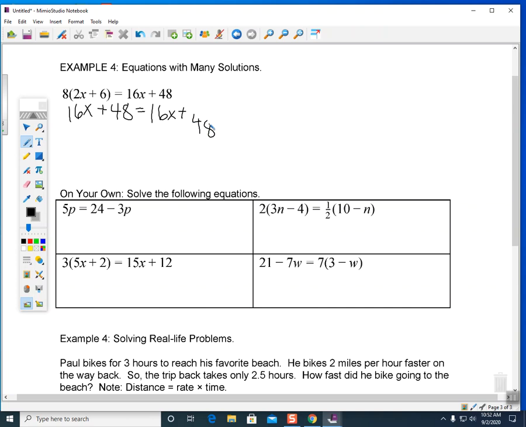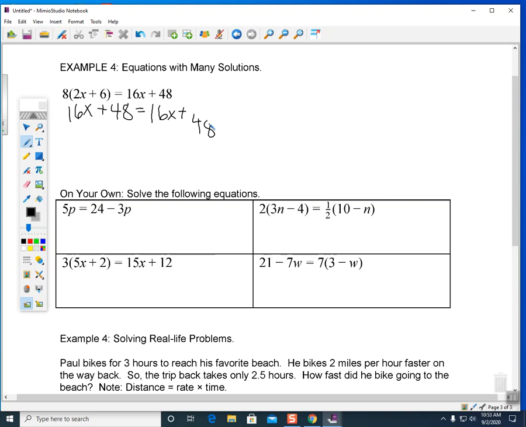It's a little wonky, but you get the idea. It's the same expression, right? So any number that I put in there for x is going to give me an equal equation. I can put any number in there that I want to, and this will still stay true.